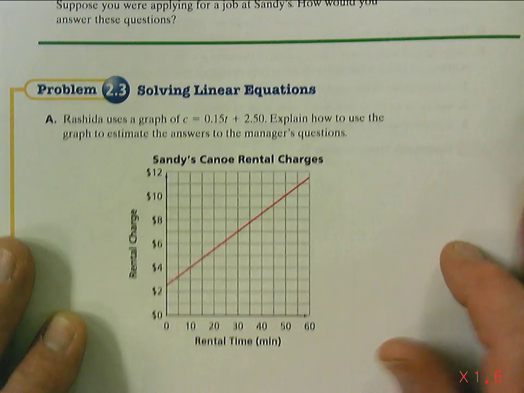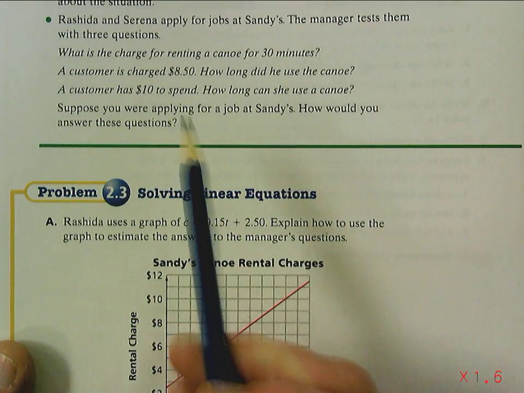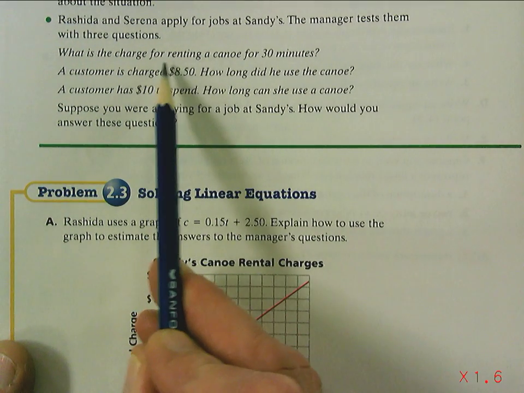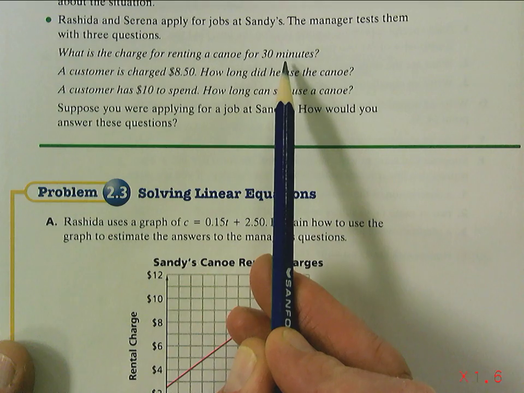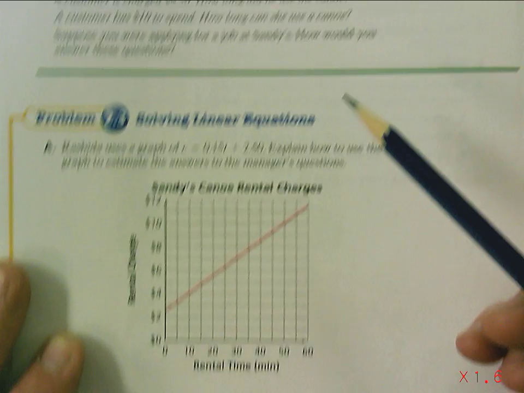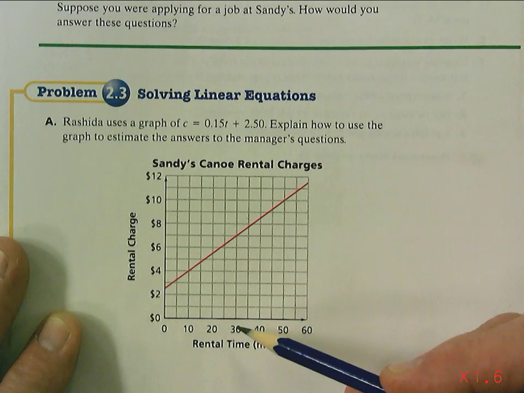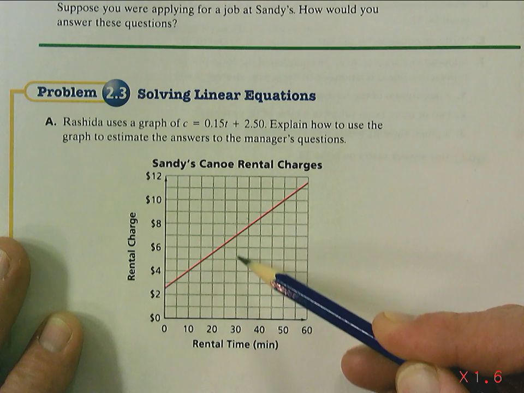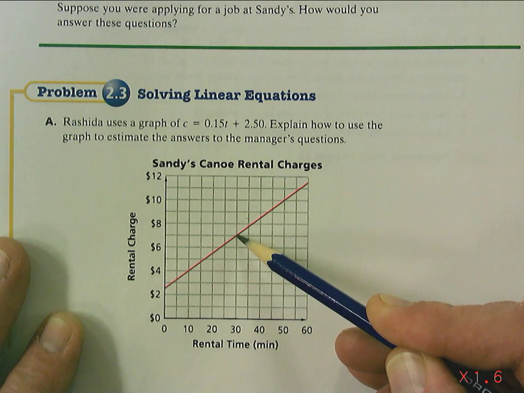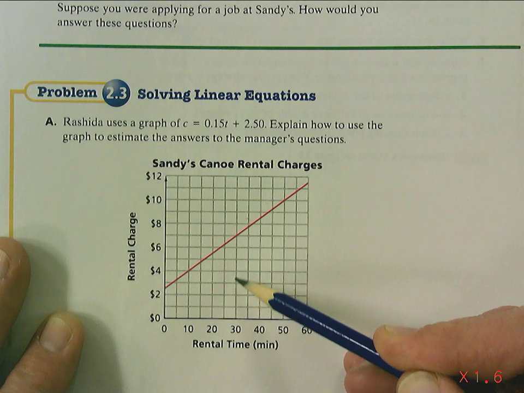So if you look at the first question, what is the charge for renting a canoe for 30 minutes? Then if we go down to the graph and go down to 30 minutes and just go up to where the line crosses, you can see that right there is 30 minutes.